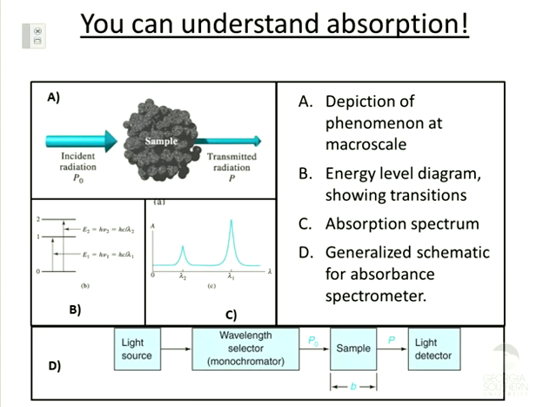So we're going to start talking about absorption. This is a depiction. Try not to be overwhelmed by all the information on here. Let's focus on this first box A. Absorption, as you've learned a little bit now that you had to do yesterday's lab and pre-lab, involves radiation.